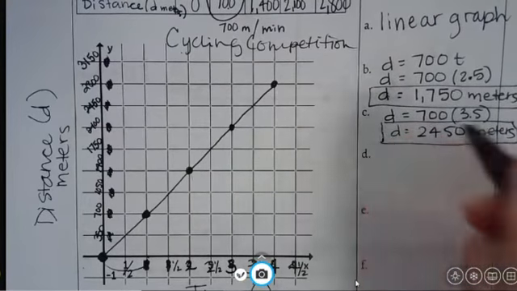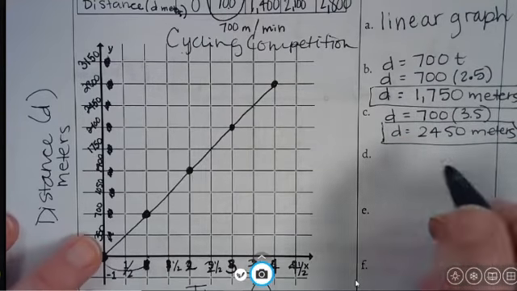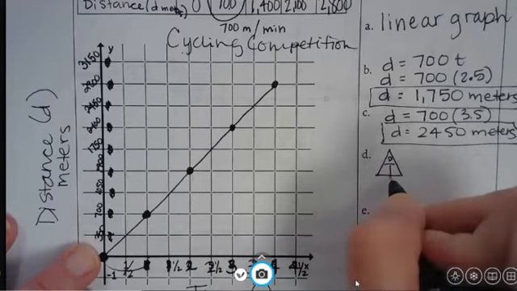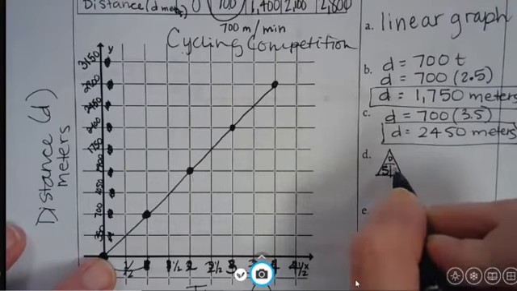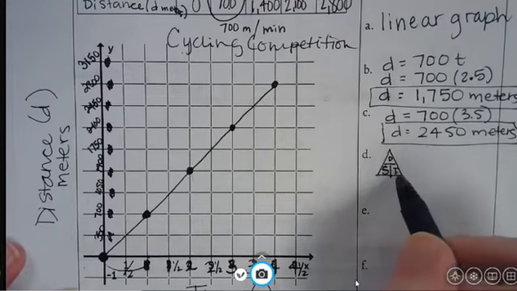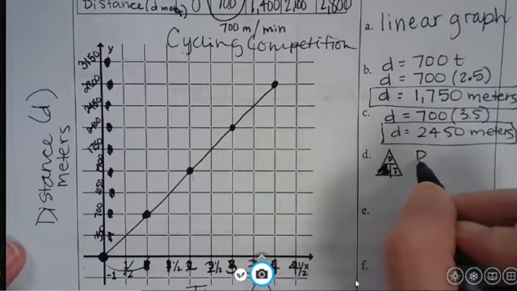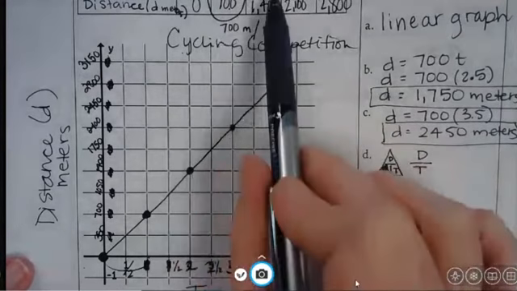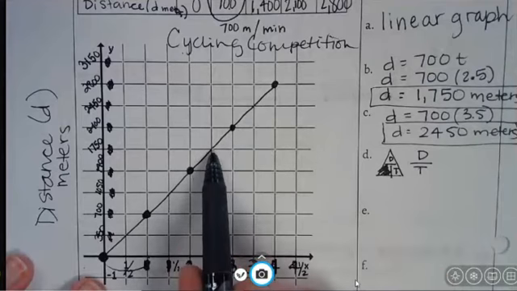And then D says, what is the average speed of the cyclist? So this is where you pull in another chapter, and distance is on our triangle here where we have distance, speed, and time. And we're looking for speed, and that would be distance divided by time. So I can pick any of my table amounts, any of my points on this line. It doesn't even matter if it has a dot, it just has to be a point on the line.